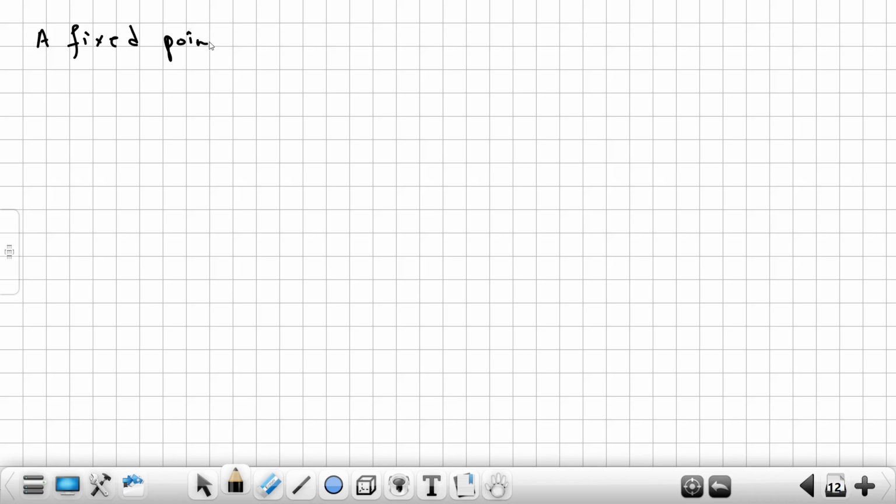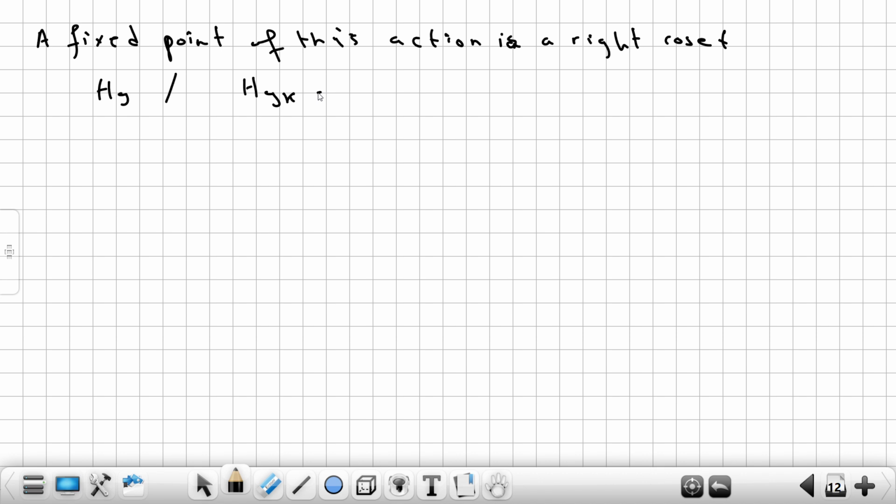A fixed point of this action is a right coset, of course, a right coset Hg such that Hgk is equal to Hg for all small k in the Sylow p-subgroup K.